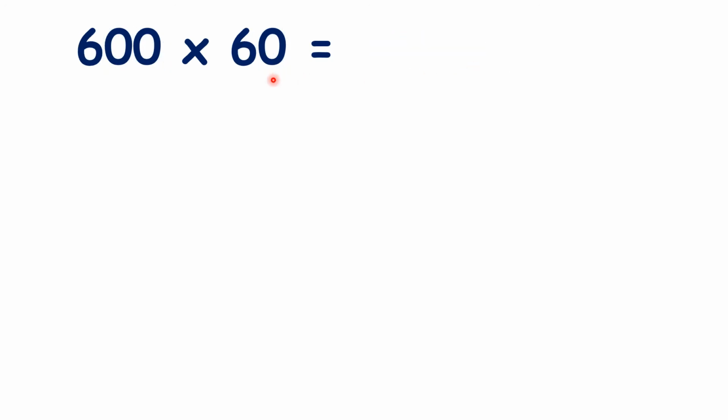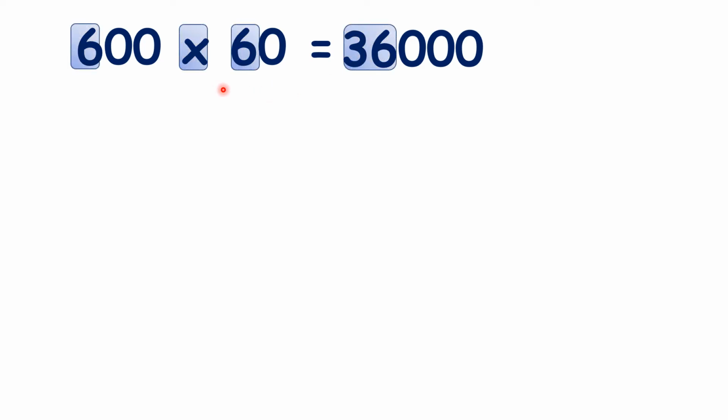Now, what is 600 times 60? 36,000, because 6 times 6 is 36. And then, because we have 3 end zeros in our question, we need 3 end zeros in our answer.